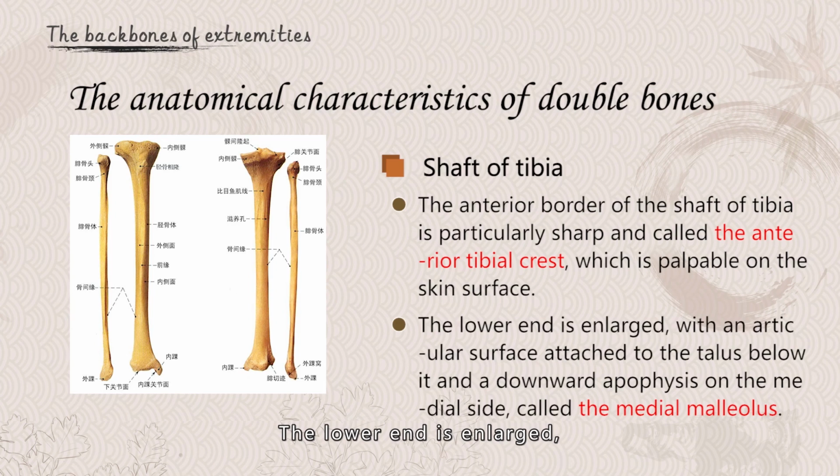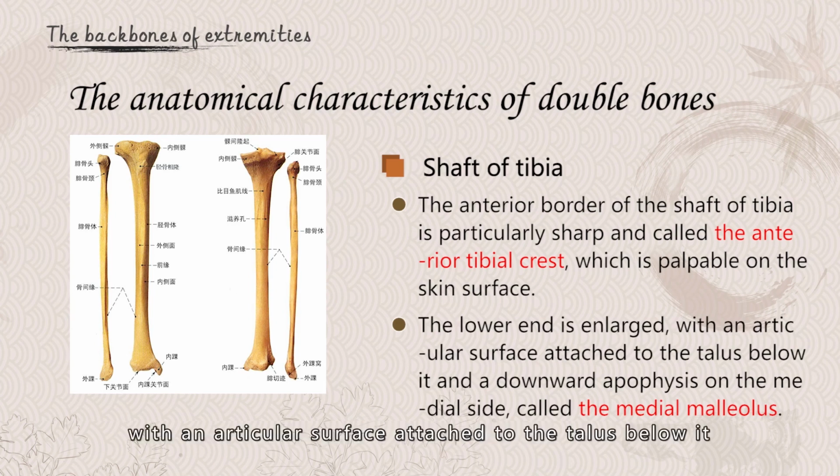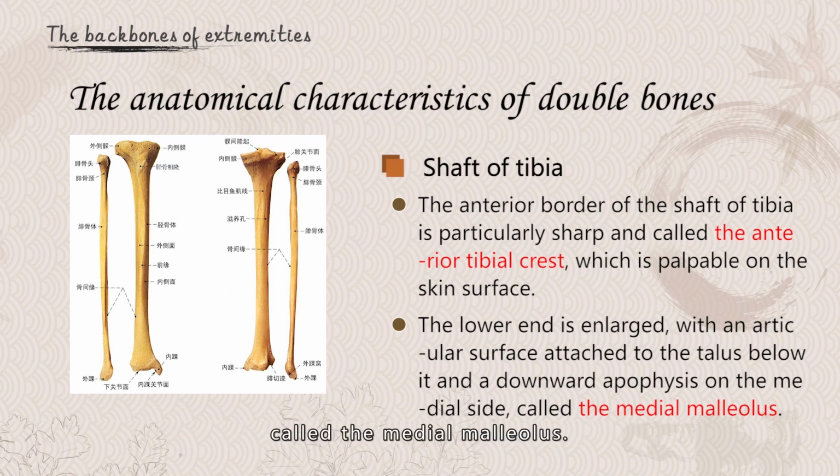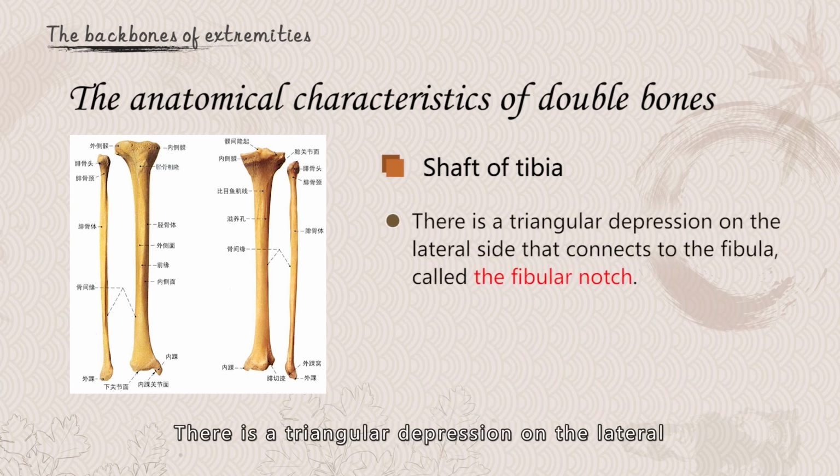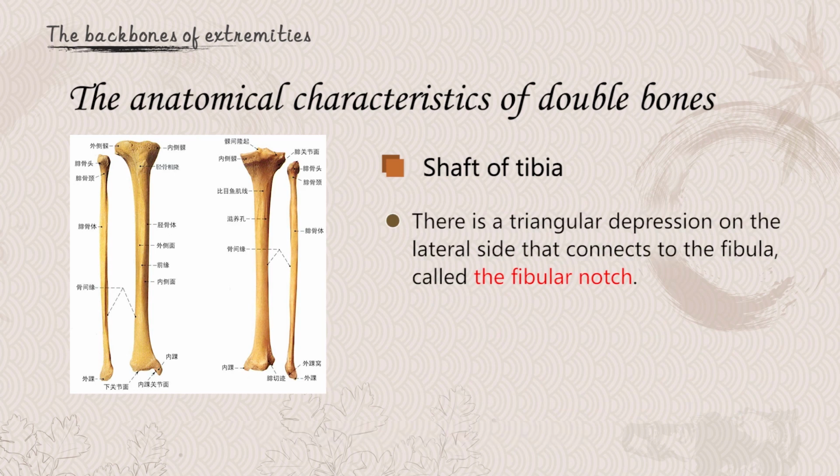The lower end is enlarged, with the articular surface attached to the talus below it and a downward apophysis on the medial side, called the medial malleolus. There is a triangular depression on the lateral side that connects to the fibula, called the fibular notch.